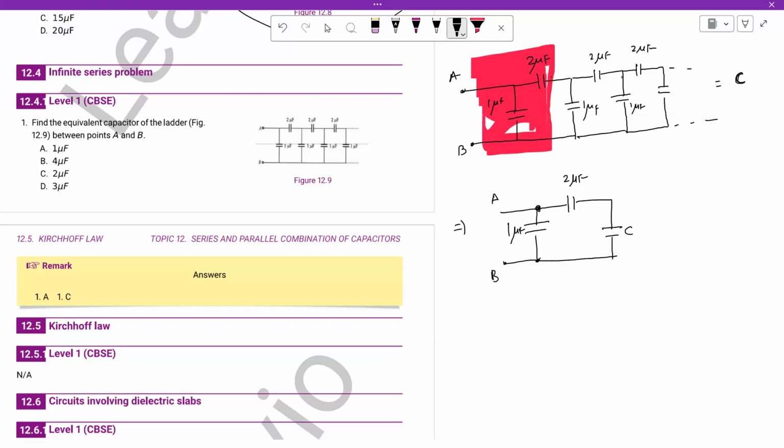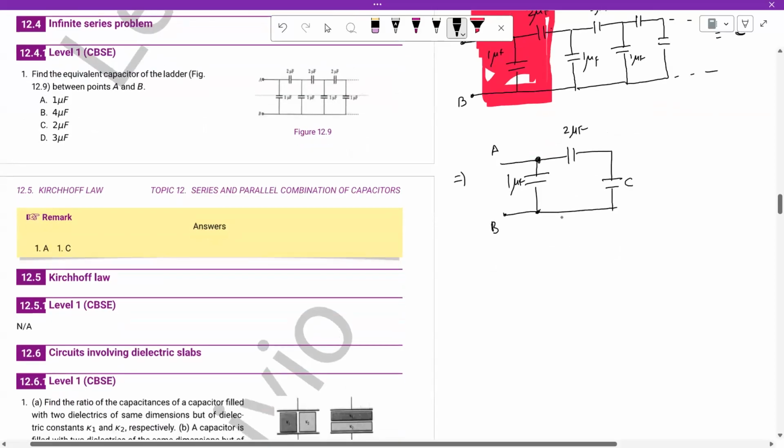So then we can solve this. If we go from here to here, this part is the 2 in series with this C, so the effective capacitance would be 2C by 2 plus C.